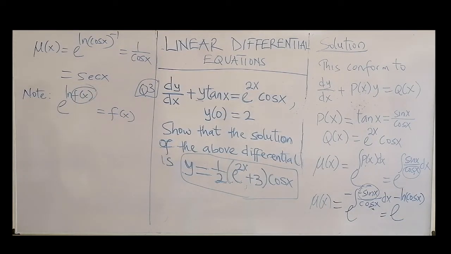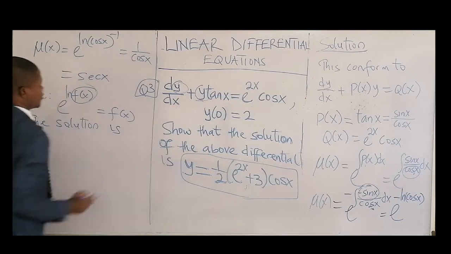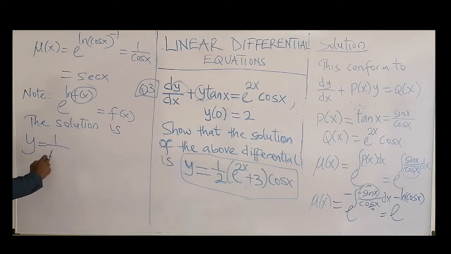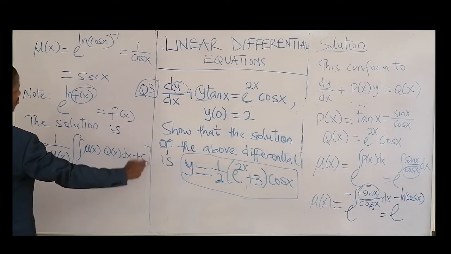Okay, then let's get the general solution. We've gotten the integral factor. So the solution to the differential equation has a formula which is y. Our differential is linear in y. So y equal to 1 over integral factor, that's a formula, times integral of integral factor times q of x dx plus c.